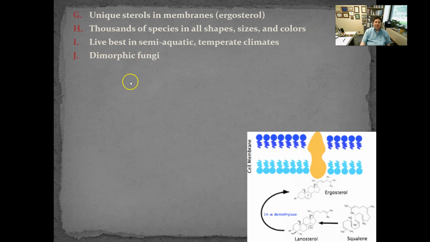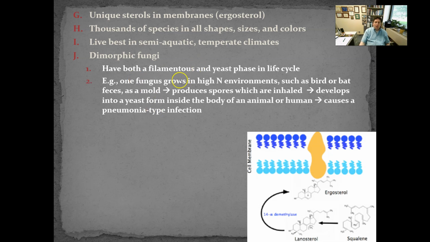Now dimorphic fungi have both a filamentous stage of their life cycle, where they grow by hyphae, and a yeast stage of the life cycle, where they're single-celled. For example, one fungus grows in high nitrogen environments, so it prefers bird or bat feces as a mold.